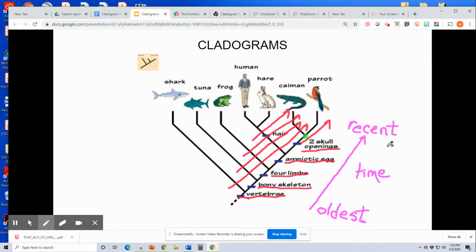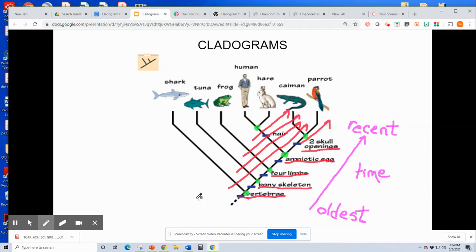And at that point, scientists feel like that organism, some of them evolved into, remember, this is over millions of years, into our modern day caiman, and some of them would have evolved into our modern day parrot. So you notice that I have a point here, that there was a common ancestor. It's anywhere there's an intersection. So I can bring this on down. There's a point where I had a common ancestor. There's a common ancestor here and here.